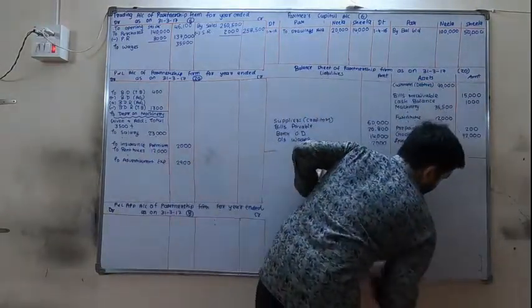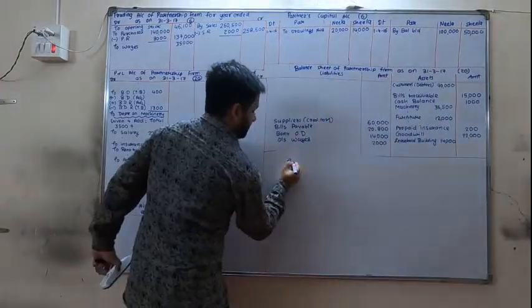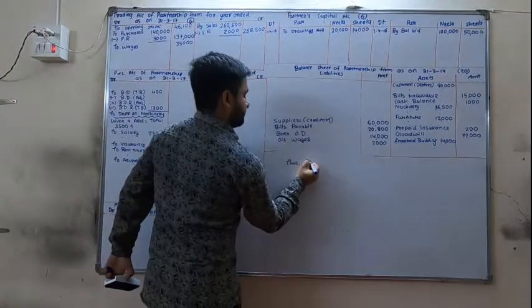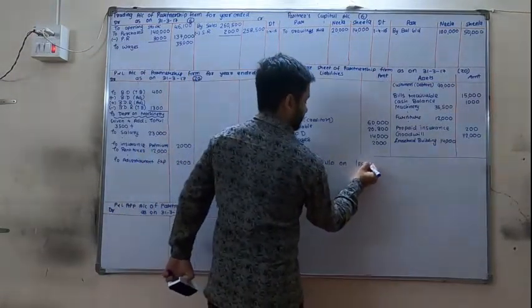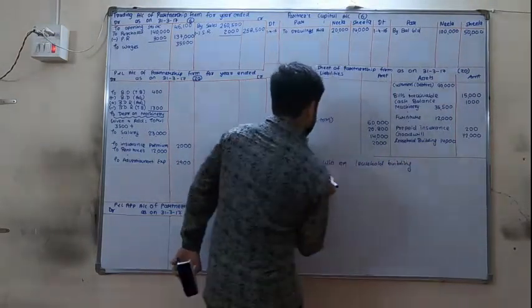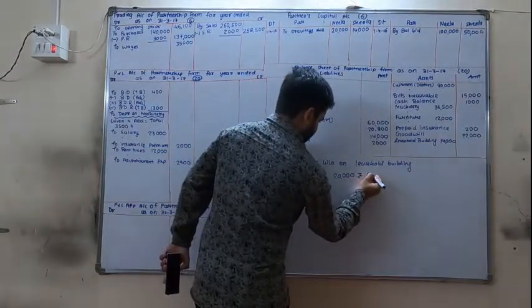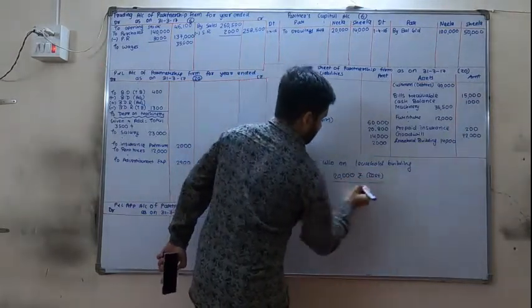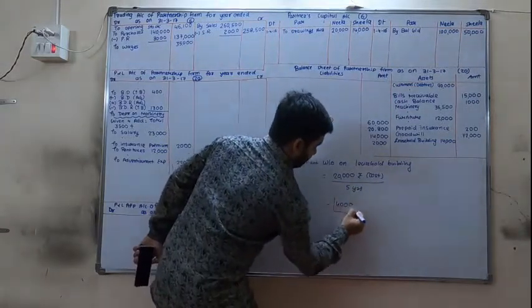So in this calculation, at the last we will write: amount written off on leasehold building is equal to 20,000 rupees cost divided by 5 years is 4,000.